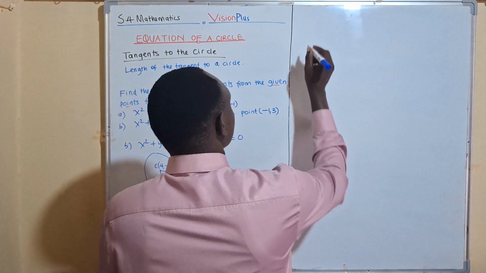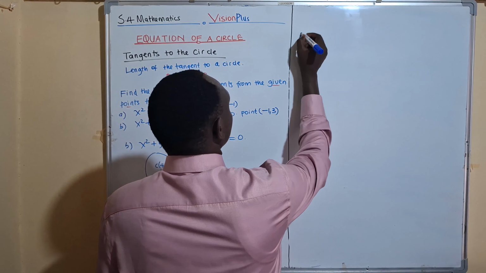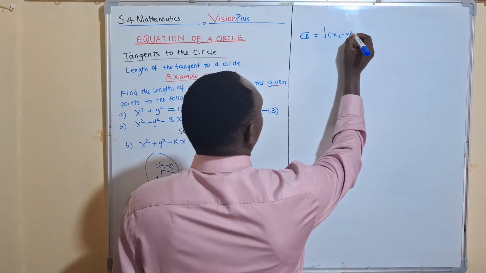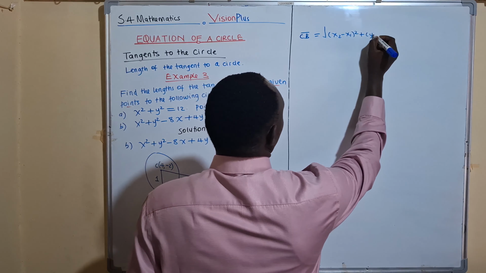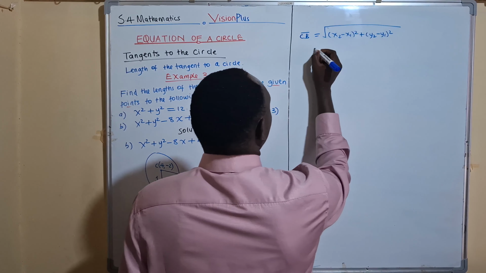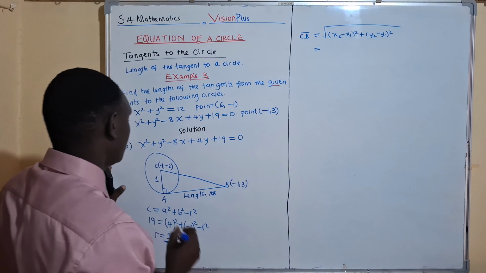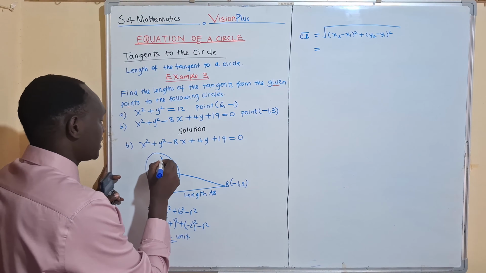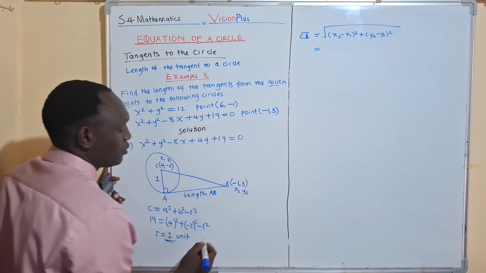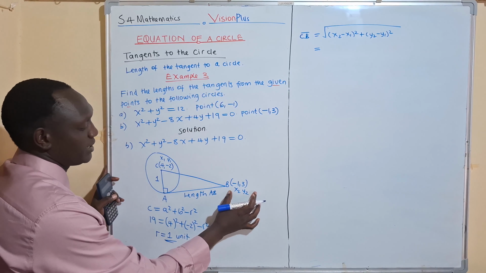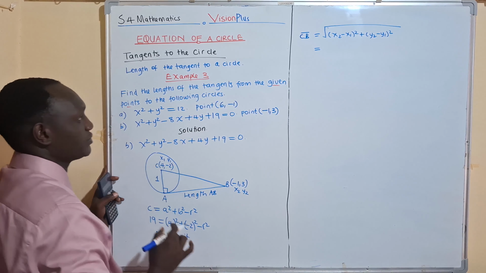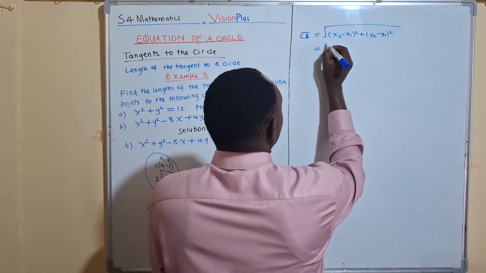So the length CB is the distance between 2 points, given by x2 minus x1 squared plus y2 minus y1 squared, all under a root. Let me call this x1, y1 and this x2, y2. There's no problem if you swap them; we shall get the same answer.